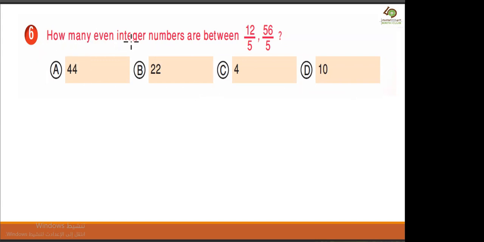Now, how many even integer numbers are between 12/5 and 56/5?